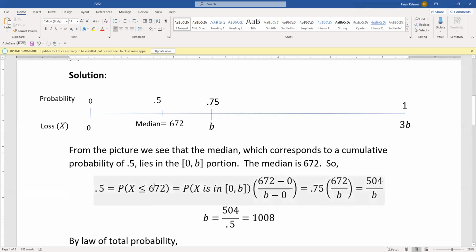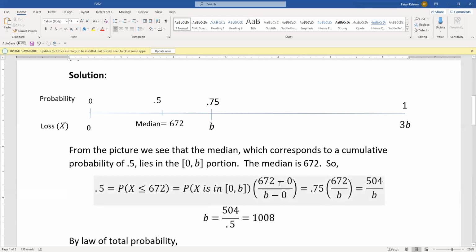So the probability is the product of the probability of being in the interval to begin with, and this other normal thing which we always have. So 0.75 times 672 over B is 504 over B, and that's equal to 0.5. That gives us B equals 504 over 0.5, which is 1008.